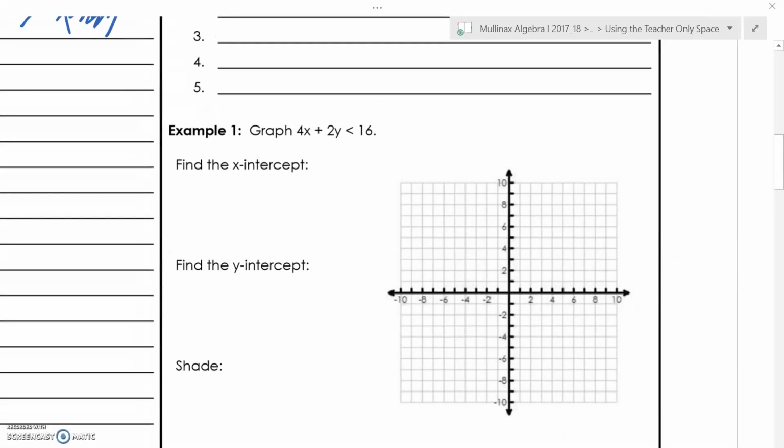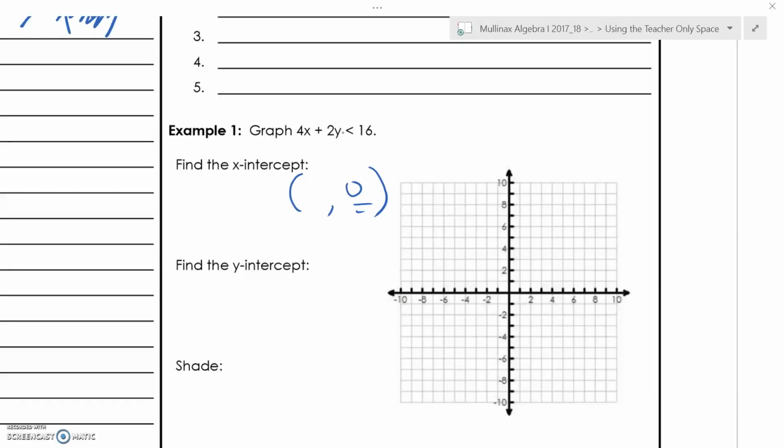Find the x-intercept. How do you find the x-intercept? All the points on the x-axis have a y value of 0. Therefore, you're going to substitute 0 into the problem and you're going to solve for x.